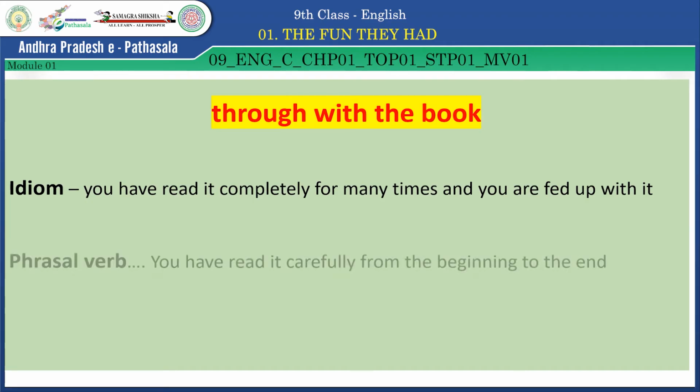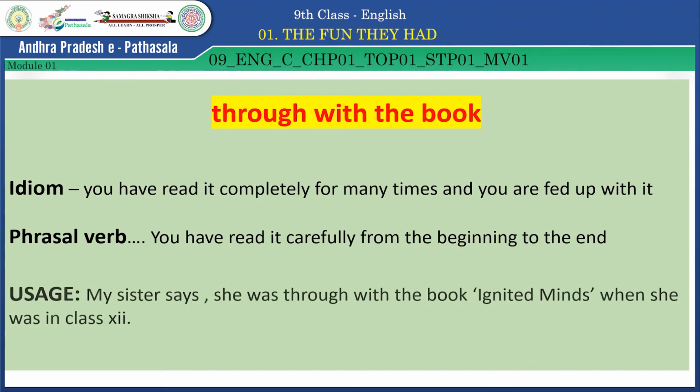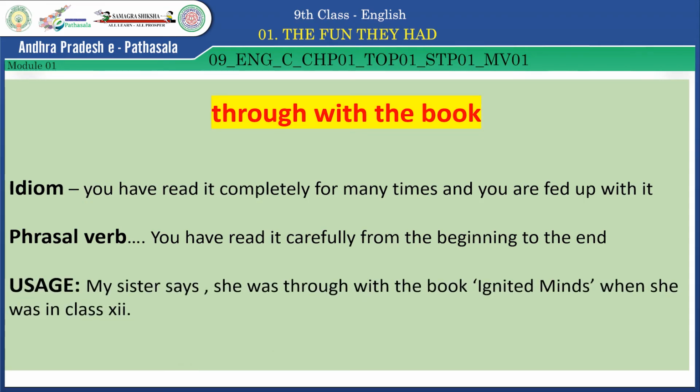It is also used as a phrasal verb, which means you have read it carefully from the beginning to the end. Let's see the usage of this. My sister says she was through with the book Ignited Minds when she was in class 12th.